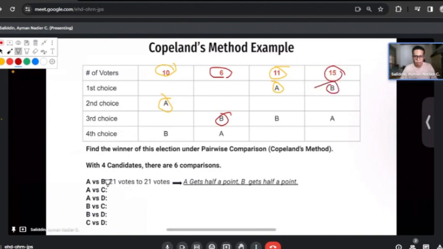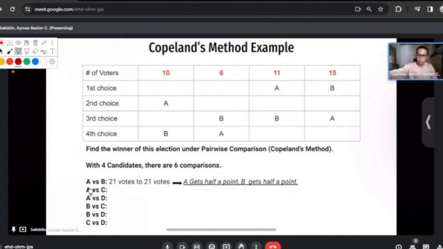If we add them all up, we have A with 21 votes and B with 21 votes. So this is a tie. Like we said earlier, if it's a tie, both candidates get half a point. So A gets half a point, B gets half a point as well.